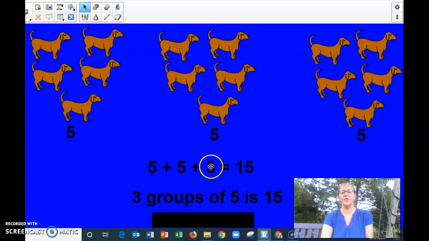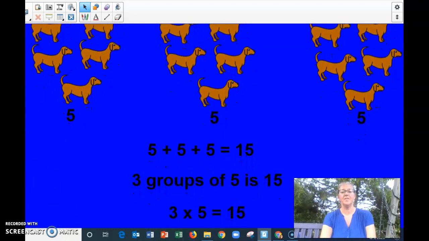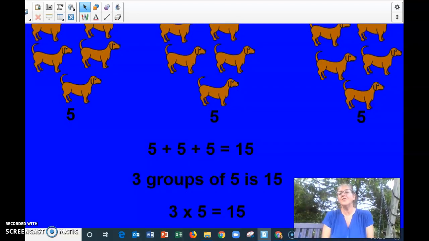Here's 3 groups of 5, and that was equal to 15. There's our 15. Your multiplication for that, whoops, that fell off the page there. I can slide it down a little bit for you, is 3 times 5 equals 15. If we multiply 3 and 5 together, we come up with 15.